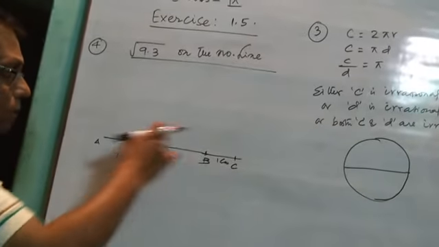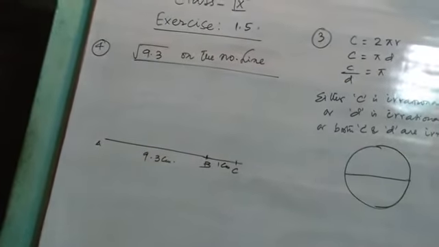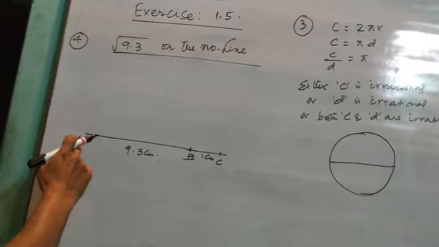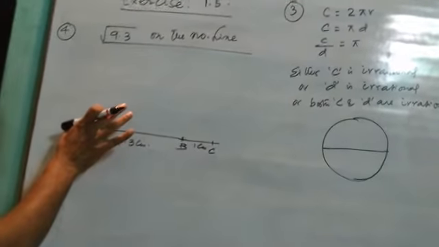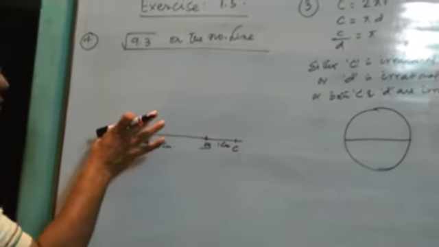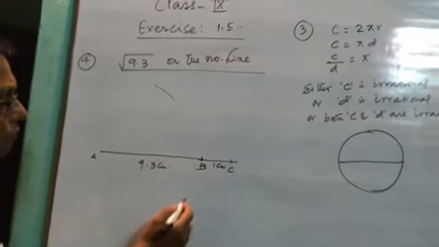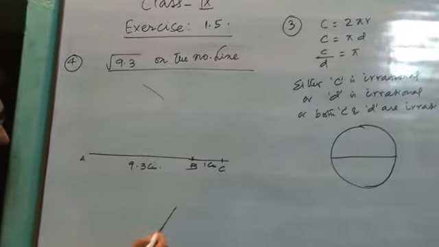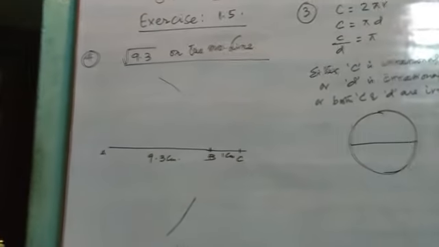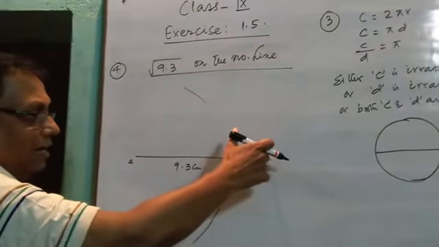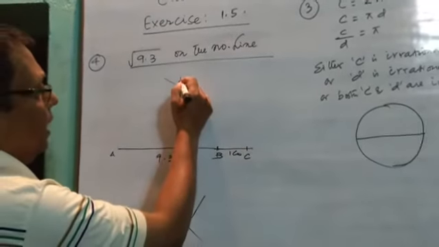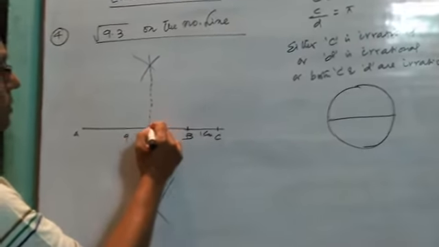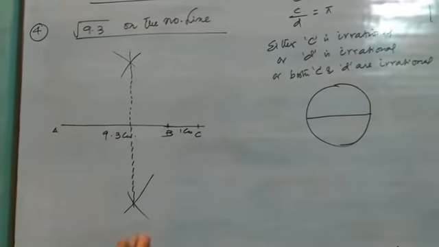Now you draw the perpendicular bisector of the line segment AC. So we will put the needle of the compass at the point A. We will take more than half and we will draw 2 arcs on either side. Without disturbing the compass, we will put back the needle at C and we will draw the arc once again. And we will join this with the help of a scale.